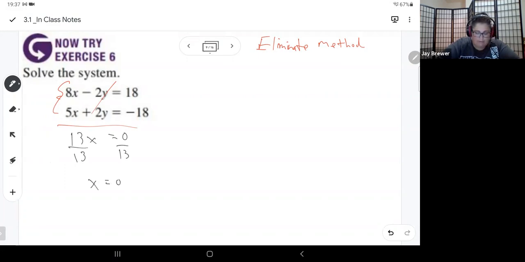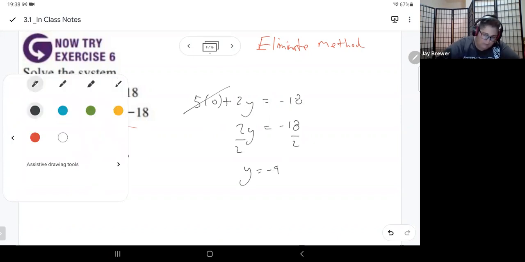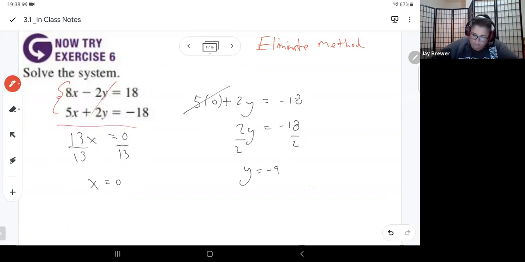Now, if we plug back in, it doesn't matter which way we plug back in, because we didn't really do too much with any of that stuff. This is a 2, not a z. So the 5 and 0 go away. So our point then is 0, -9.